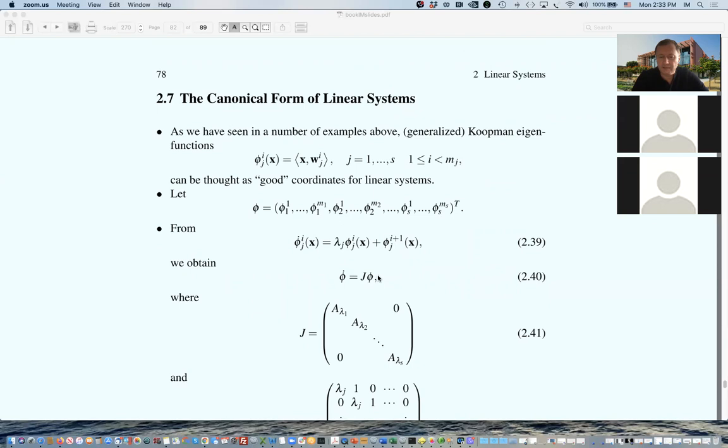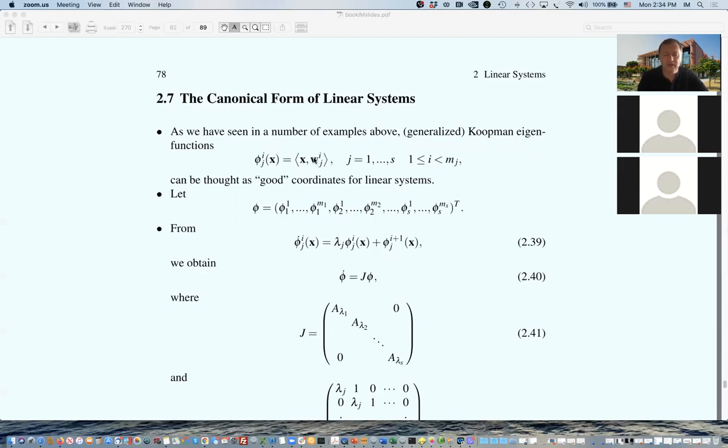From these types of analysis, we can now go to a slightly more general setting and say, okay, let's now dismiss the assumption that algebraic and geometric multiplicity are the same. In that case, as we know, we can have those generalized Koopman eigenfunctions that are still inner products between x and w.